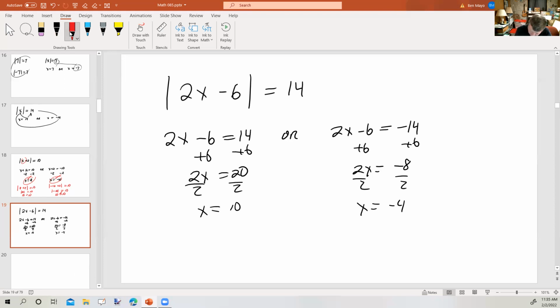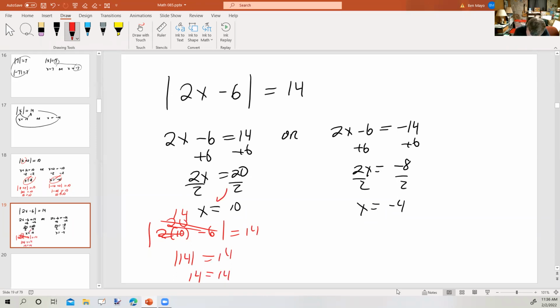Let's check our work. If x is 10, we'd have the absolute value of 2 times 10 minus 6 equals 14. 2 times 10 is 20. 20 minus 6 is 14. The absolute value of 14 is 14. So 14 equals 14, and it checks.